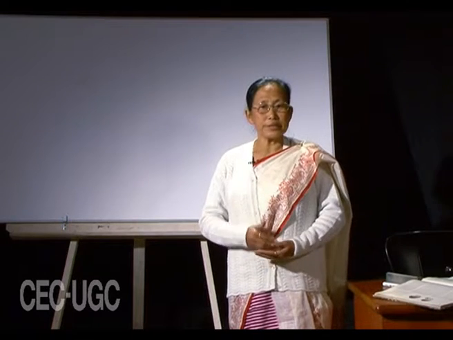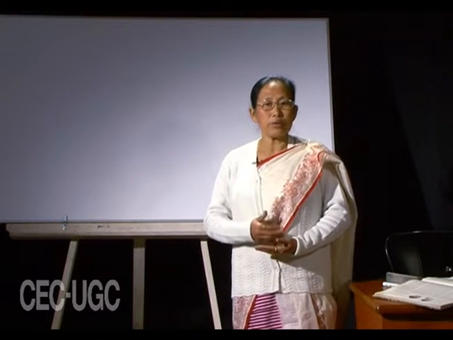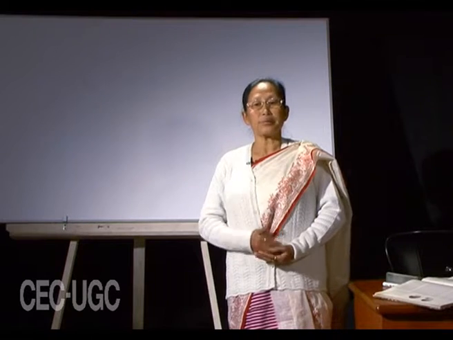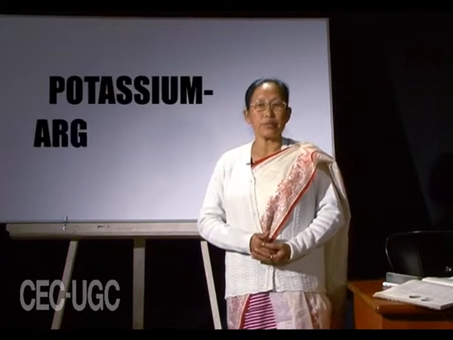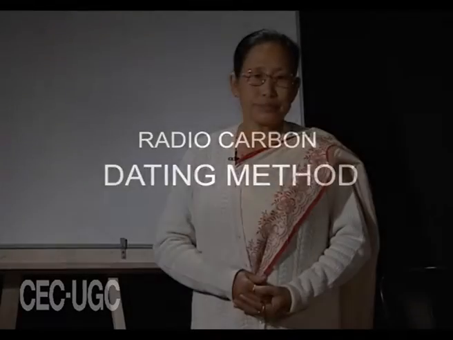However, in our discussion today, we will be talking about only two types of dating, that is radiocarbon dating and potassium-argon dating. Now come to the radiocarbon dating method. Radiocarbon dating or C14 method has revolutionized the study of archaeology during the 1940s.